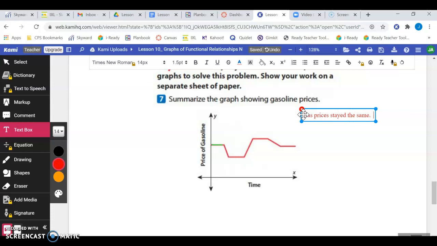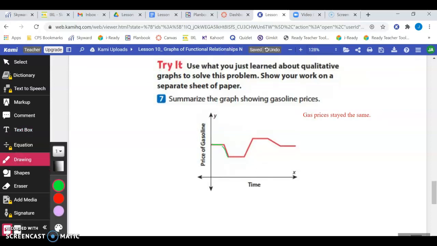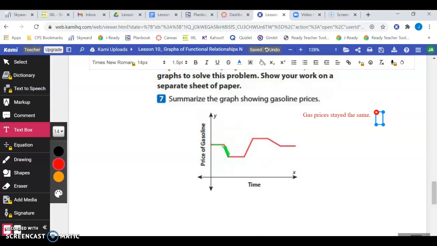Then looking at the next piece here, right here, the gas prices decreased. So then we can say gas prices decreased. Our next piece of line is staying the same.